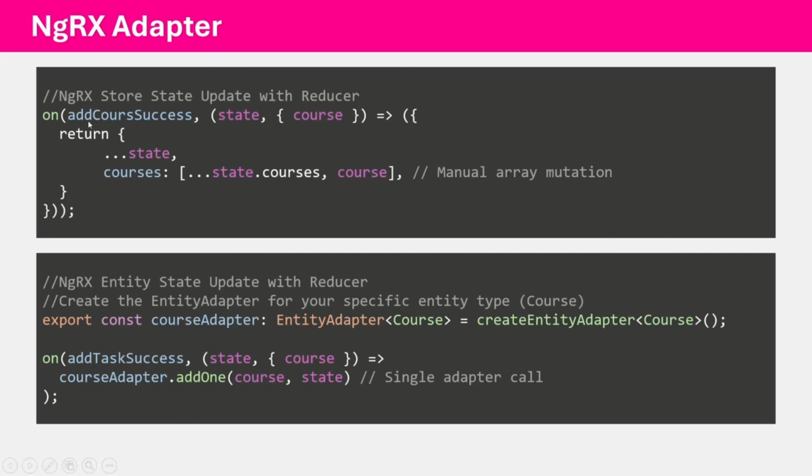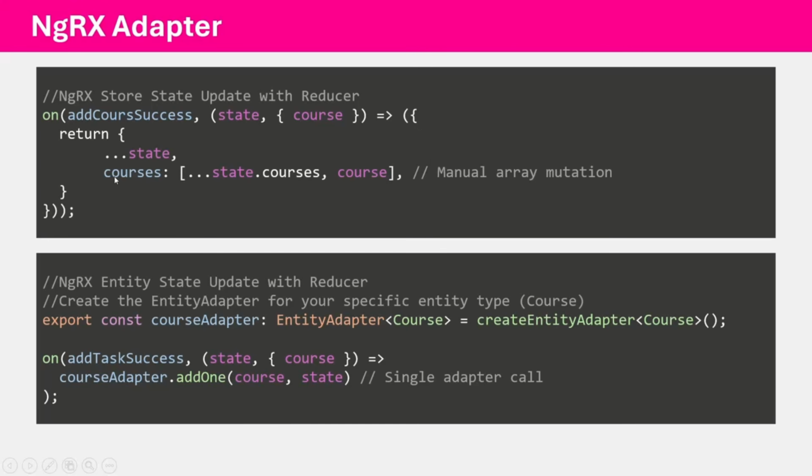Here, let's say we are handling the add course success action, and for that we are passing a callback function which is going to receive the current state as well as the payload of that action. So what we are doing here is we are returning a new state, and in that state we are extracting all the properties of the current state, and we are just updating the courses state, and there in the courses array we are adding a new course object.